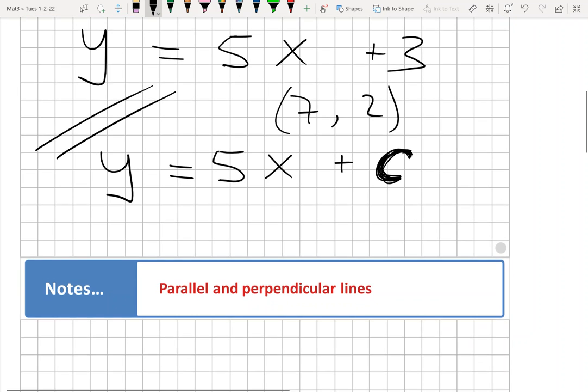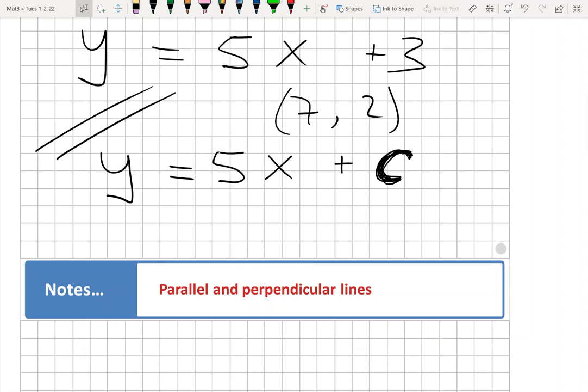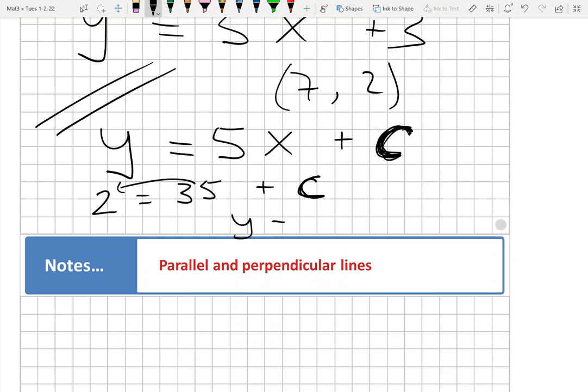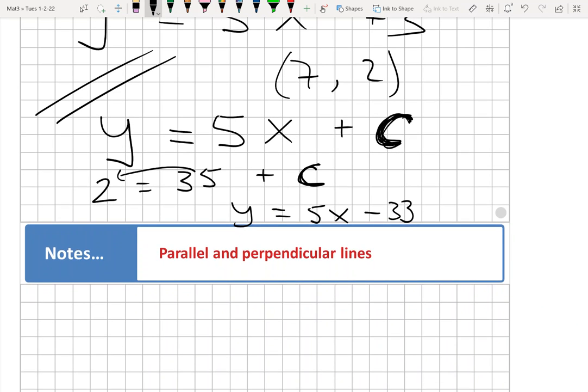Okay, we're dealing with a whole new situation here. We can reuse the letter c. So y is 2. We'll probably end up with a fraction here. This is 35. No, we won't. And this is c. So c is negative 33. Okay, so you say that's your parallel line through that point where c has been determined to be negative 33.